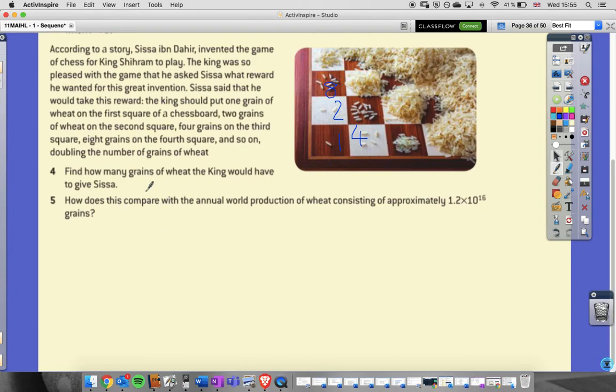So we have to find out how many grains of wheat would need to be provided. And we can do that using our formula that we've just found up here. First of all, it's useful to know that a chessboard is 8 by 8 wide, so we are looking up to when n is 64. We know the first term is 1, and we know that the common ratio, the amount we're multiplying each time by, is 2. So to find the number of grains of wheat, we're going to find S64.